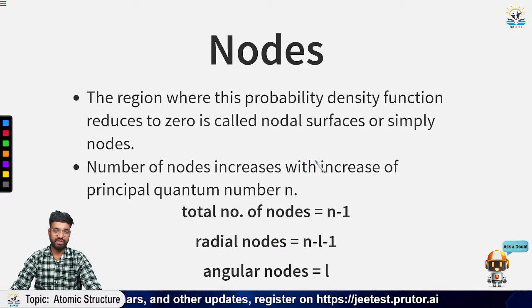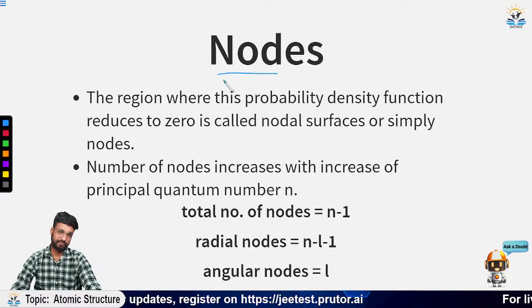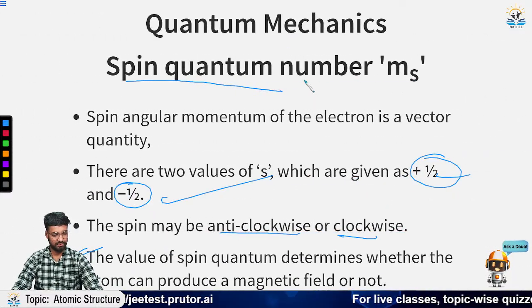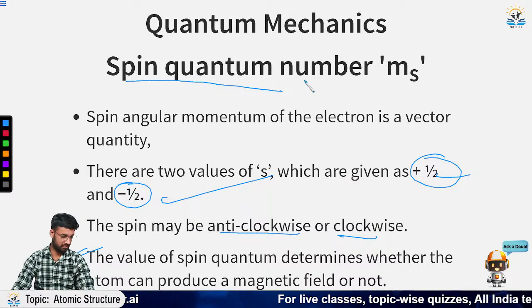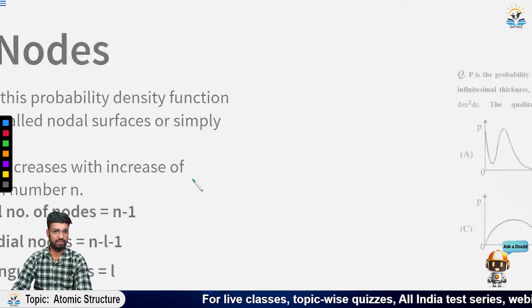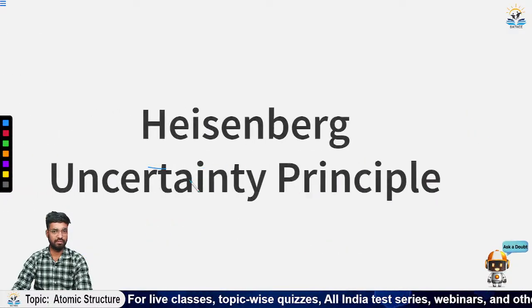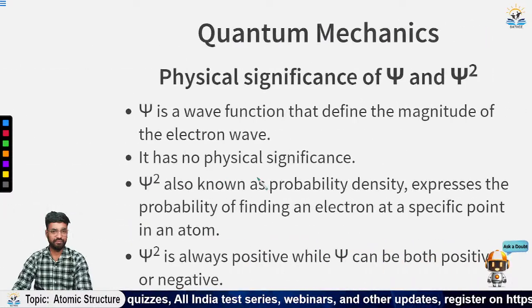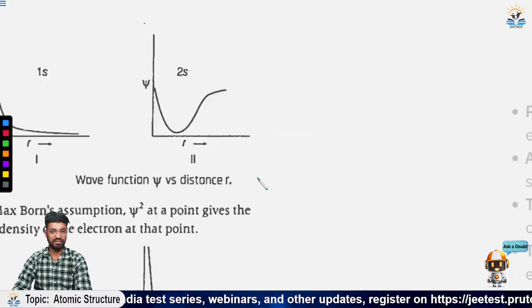Now let us move to this thing that is called nodes. If you see the diagram here, this is the diagram of psi square versus psi.